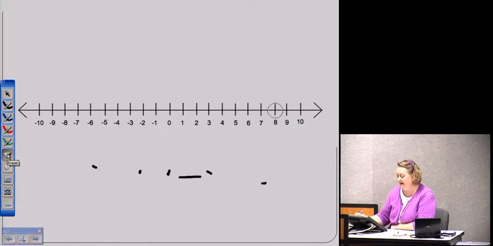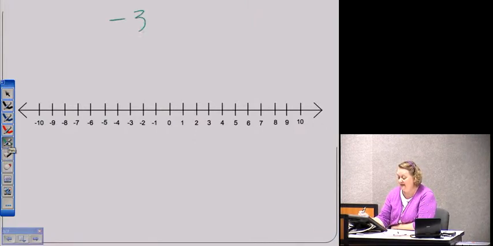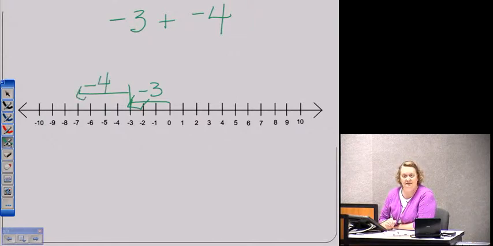Give me just a second to erase all this out. Now let's look at a different problem. Let's look at negative 3 plus a negative 4. Negative 3 is negative 3 units in this direction. Then we're going to go negative 4 units more in this direction.